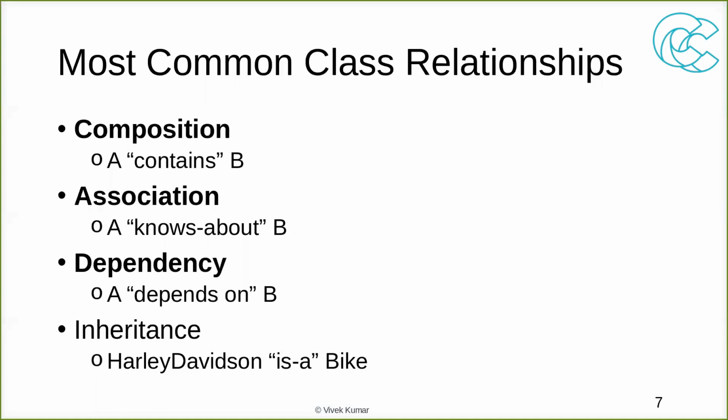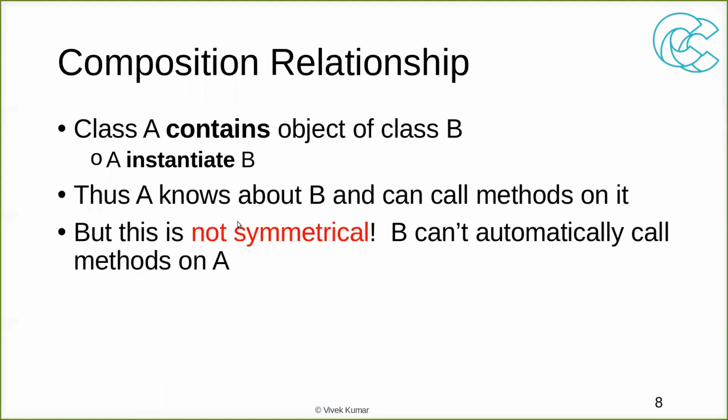But in order to teach a course, there has to be some relationship between these two. There is some dependency, right? So instructor teaches a course to students. So now there is some relationship between these three classes, and it's not a containership or association. But let us discuss these things in detail in the next couple of slides.